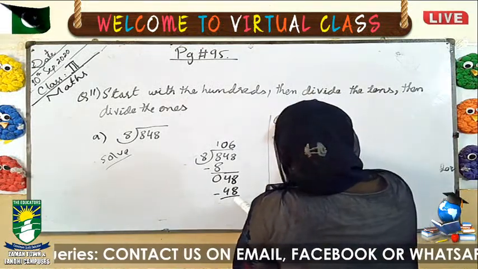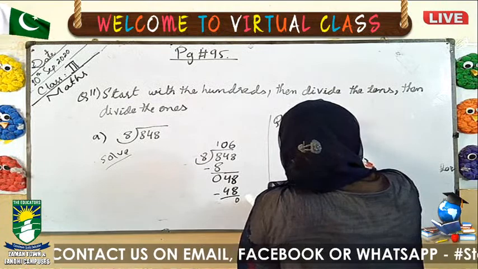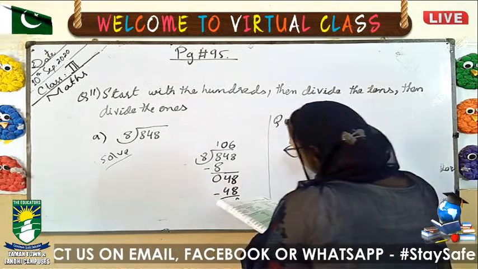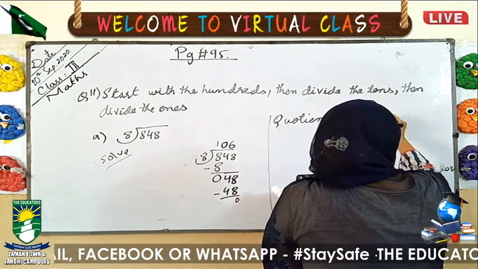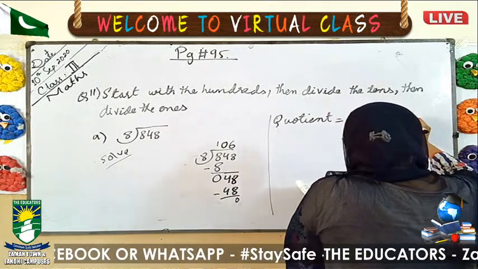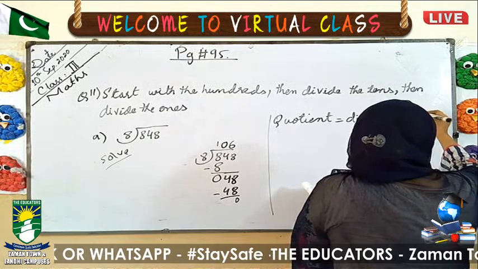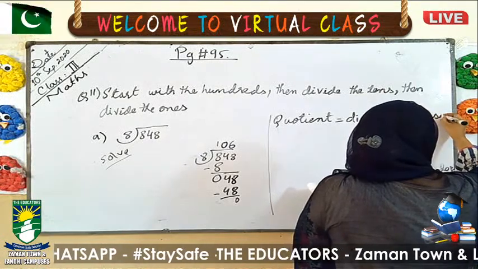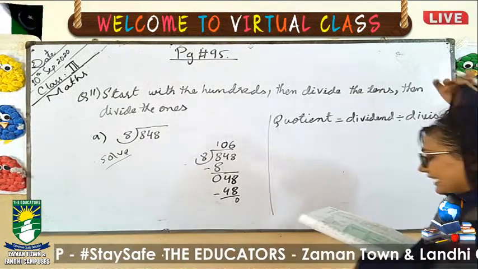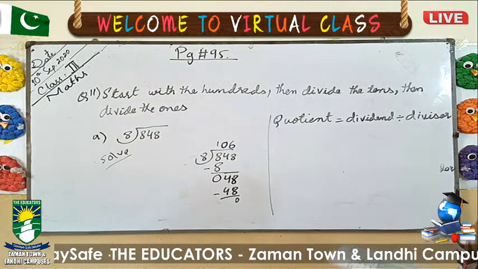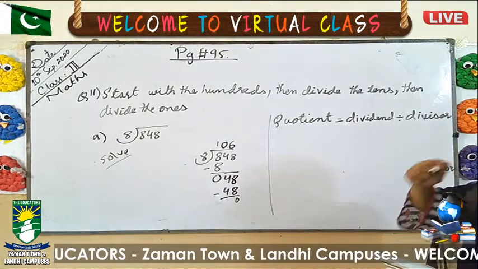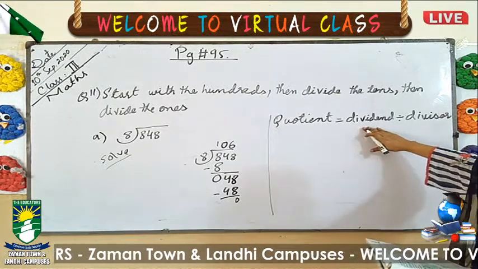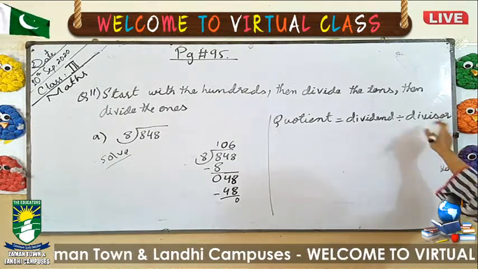Now if you are finding the quotient, quotient equals dividend divided by divisor. Okay, this is the easiest way. If you are finding the quotient, or checking if the answer is correct or not, you will simply divide dividend by divisor.